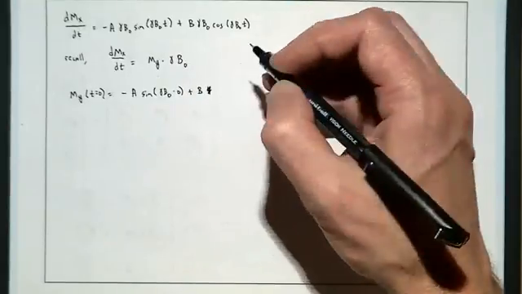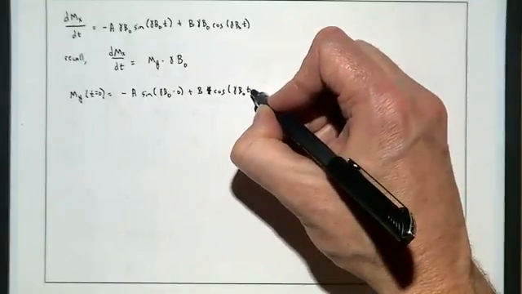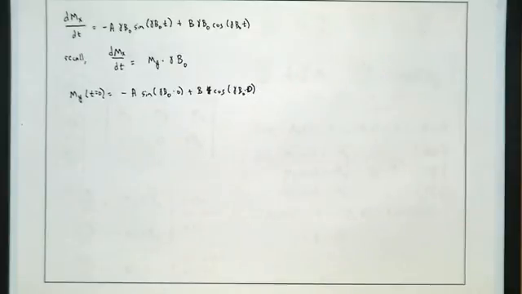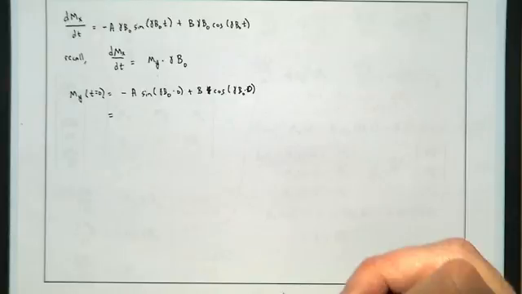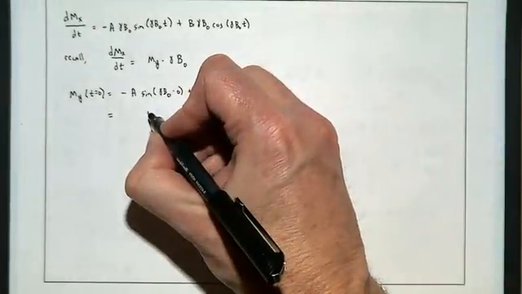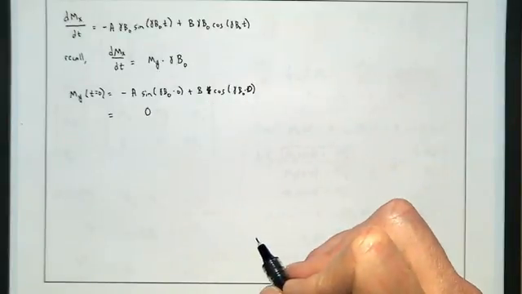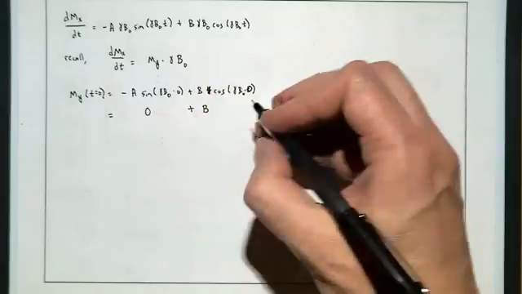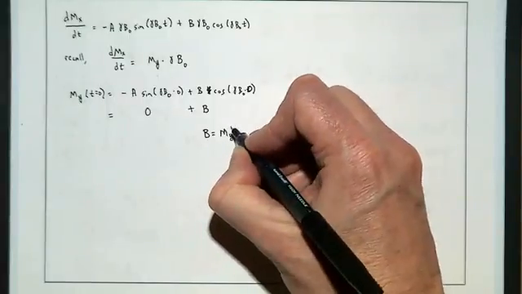Evaluating my at time 0, what's the first term? It goes to 0. What's the second term? Just B. So it means that B is equal to my.